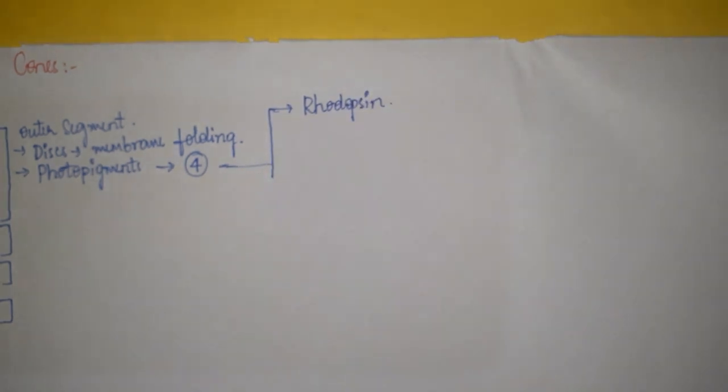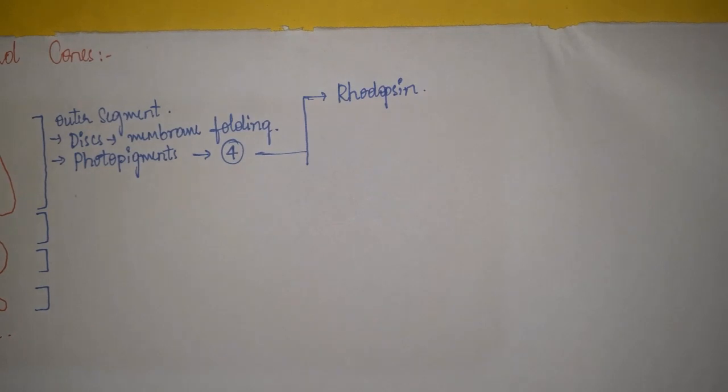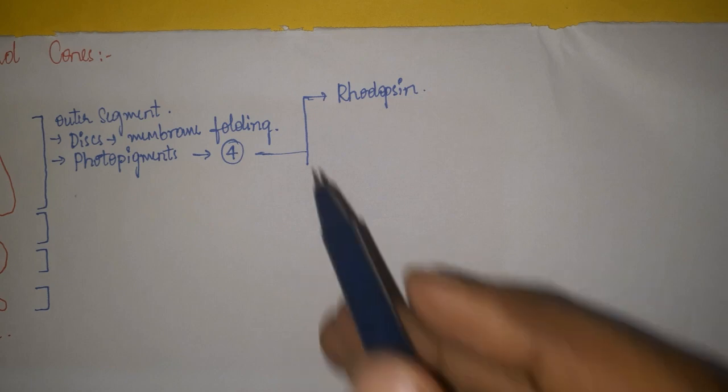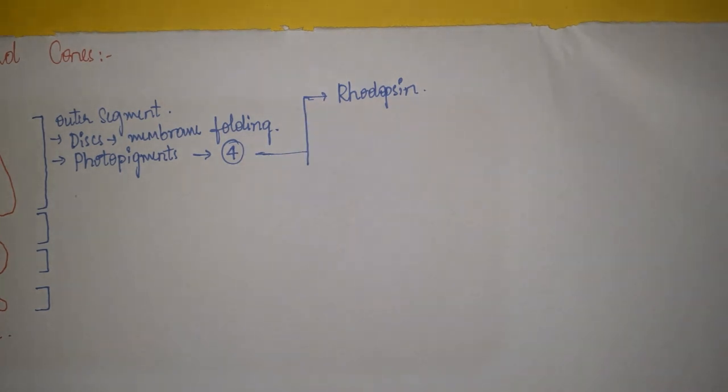Remember, each photopigment has two constituents. One is retinine. Retinine is common in all four photopigments, but another constituent, opsin, differs. Because of that difference in opsin, there are four different photopigments.